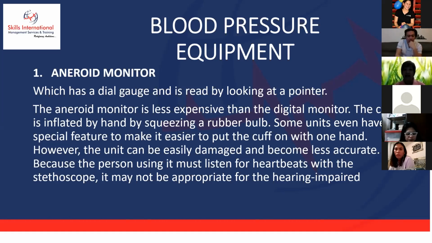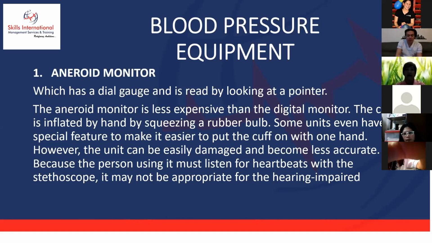The cuff is inflated by hand by squeezing a rubber bulb. Did you see your blood pressure monitor? There is a rubber bulb, and you have to compress it, you have to squeeze. Some units even have a special feature to make it easier to put the cuff on with one hand.